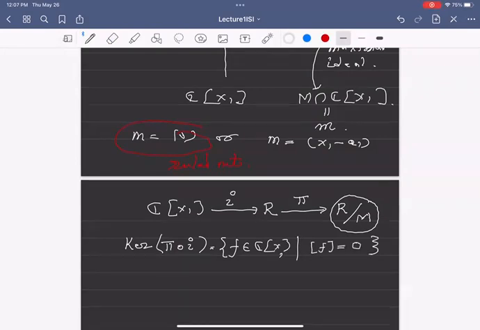That's the image: the image of f is the residue class of f in R mod M, and that should be 0. But this is if and only if f belongs to M. So the kernel is nothing but M intersected with C[x1].